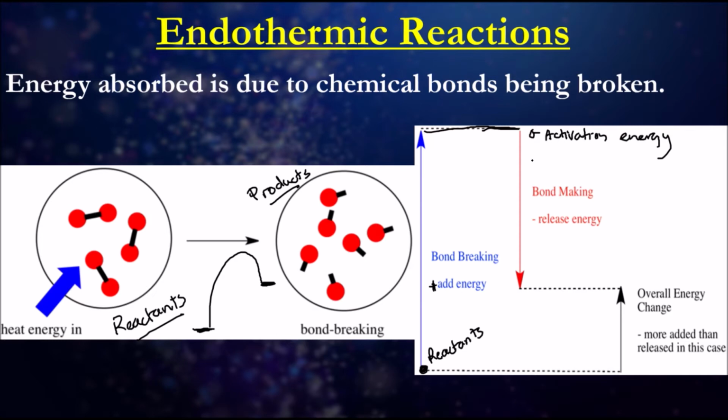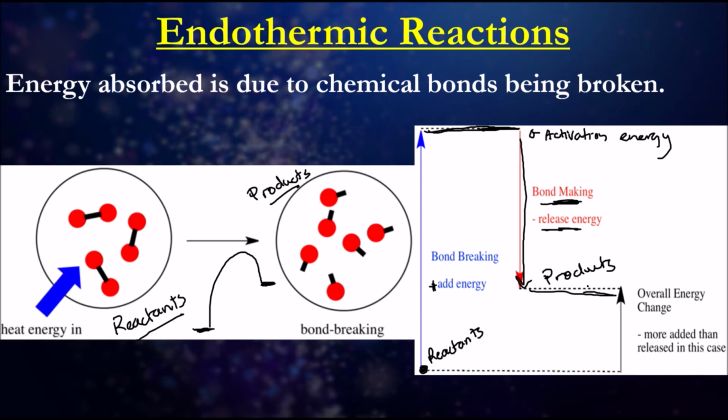Okay, now some of that energy will end up becoming energy to make the bond, and in the process of making the new bonds, some energy will be released, hence why there is a slight decrease in that energy. If there was no bond making, then you just assume that all that energy is used up, but some energy is released because we make new bonds, and then we get our products over here.